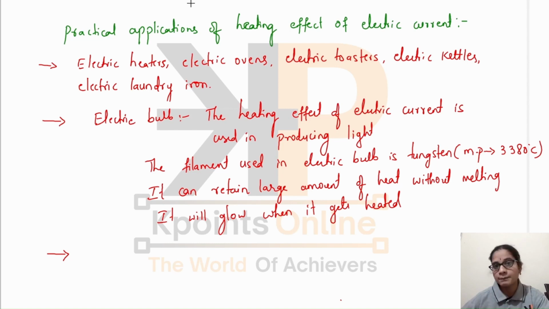Another practical application of the heating effect of electric current is the use of a fuse in electrical circuits. What do we mean by a fuse? It is an electrical device which protects the electrical circuits and other appliances by stopping the flow of current into them whenever there is overloading of current.